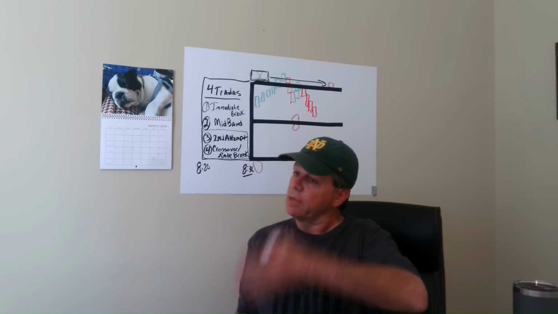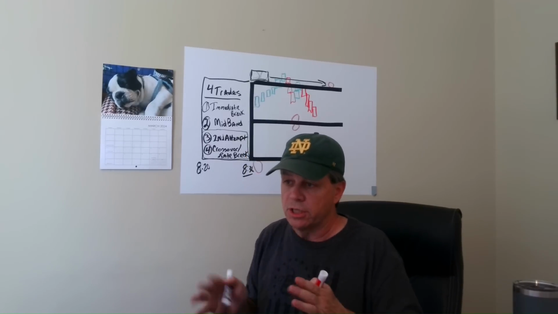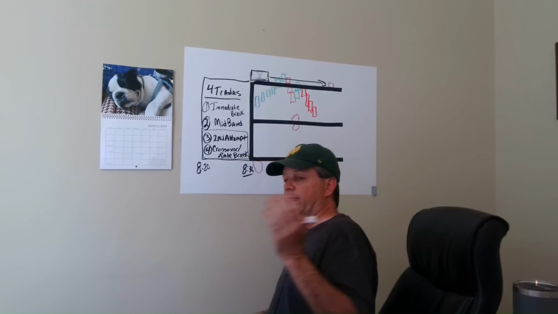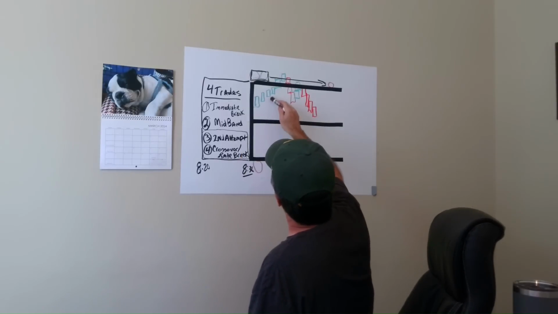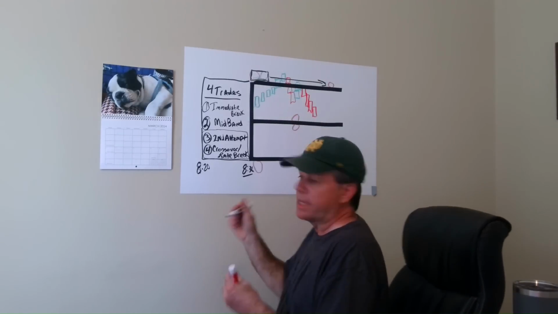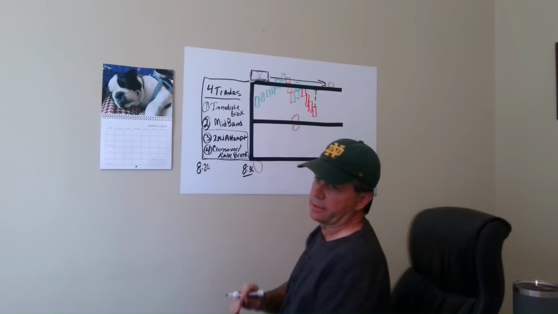You know how we always talk about look to the left? Now, instead of the gap on a long being from here to here, remember we talked about rollovers? Instead, the gap is from here to here.